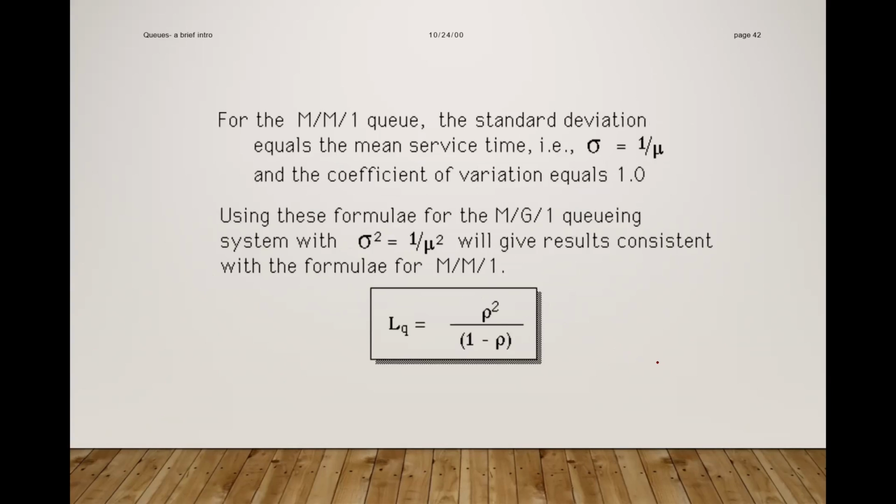Okay? So for the M/M/1 queue, the standard deviation equals the mean service time, and the coefficient of variation equals 1.0. Using this formula for the M/G/1 queuing system with variance squared, we get results consistent with the formula for M/M/1.